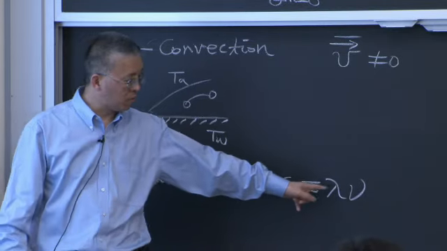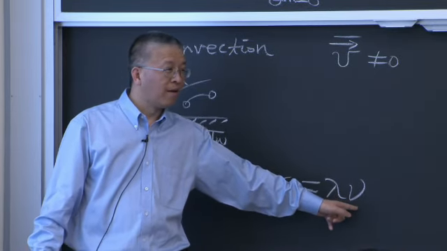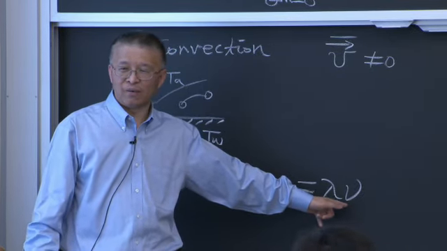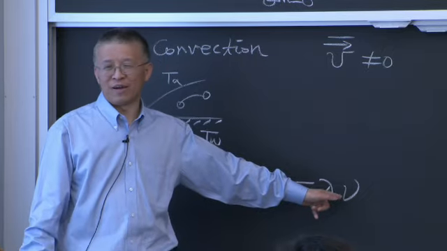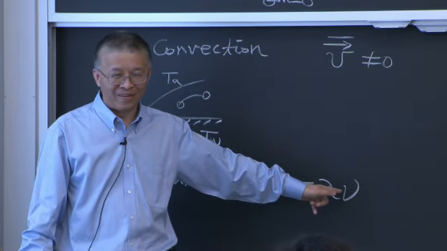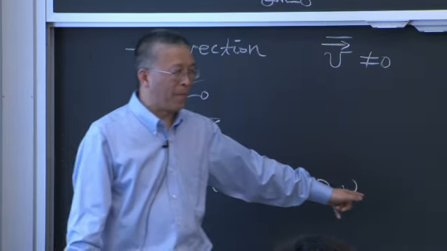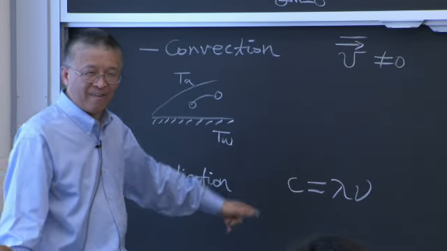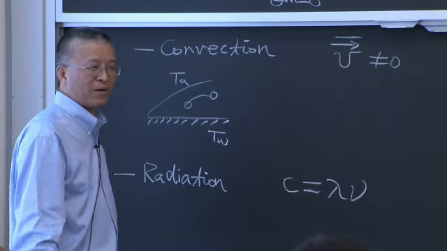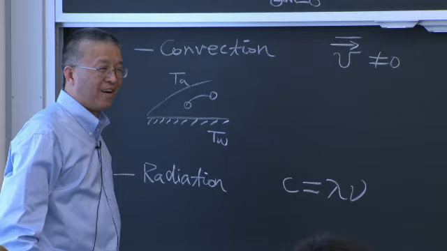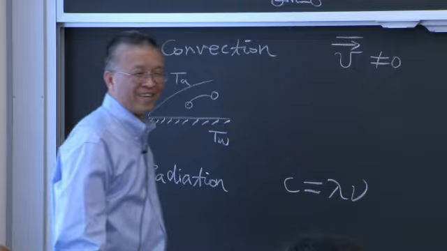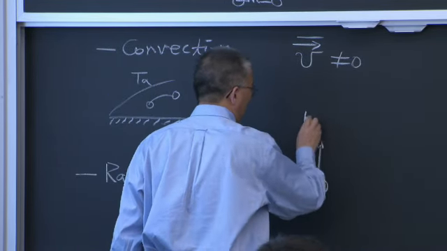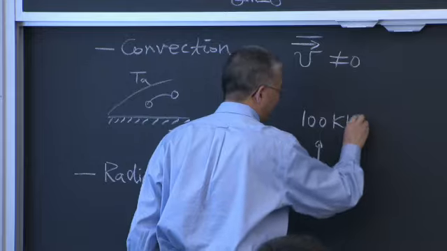Which channel do you turn to? What's the frequency? I turned to 90.5. But I forgot whether that's megahertz or kilohertz. It doesn't matter. Anybody remember? I can't. So let me just put 100 kilohertz.